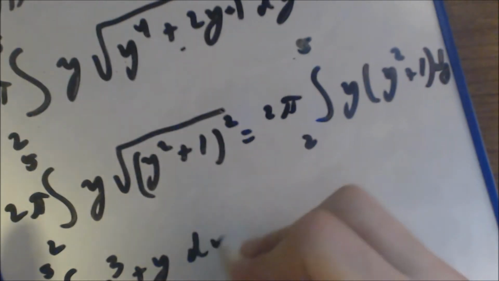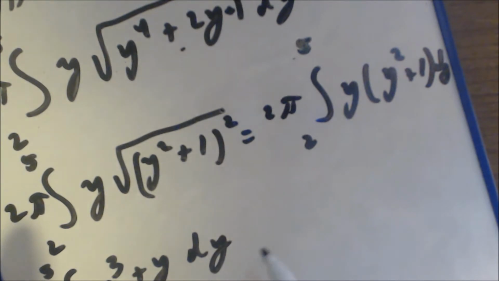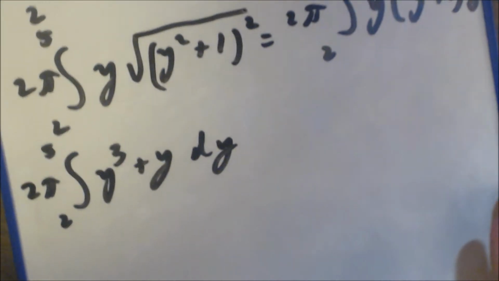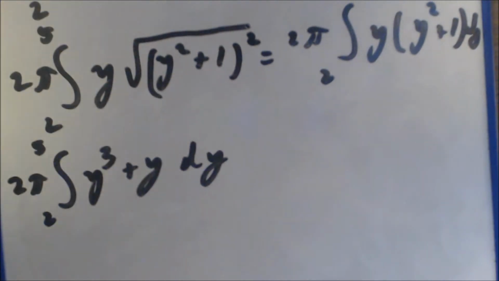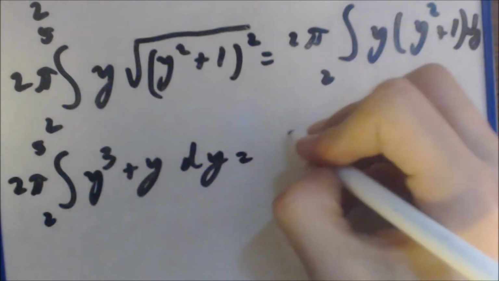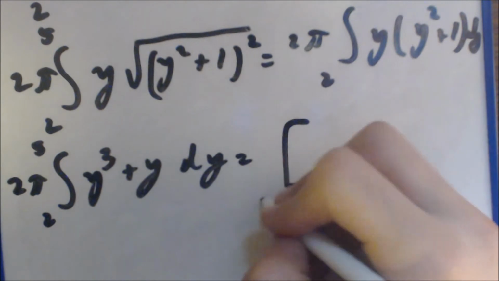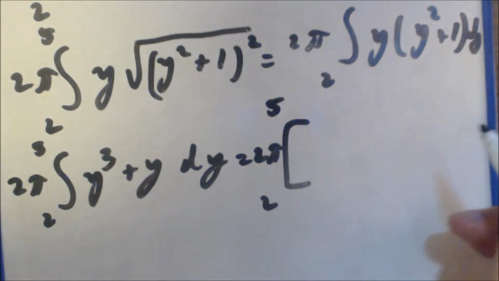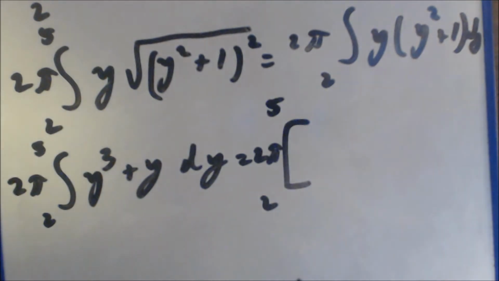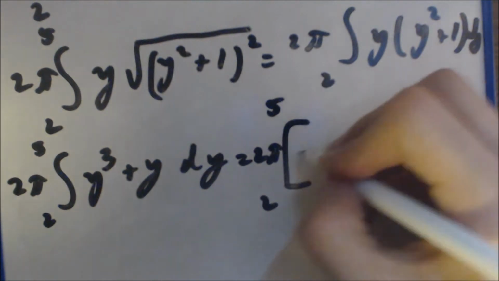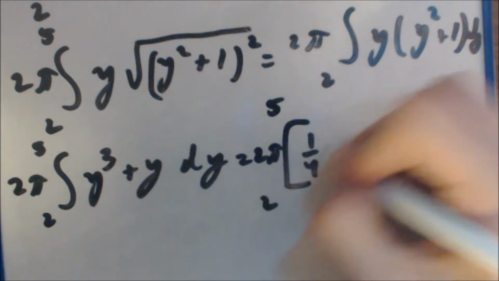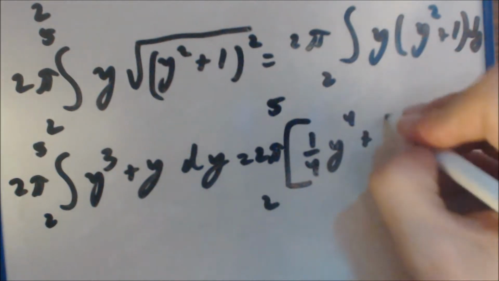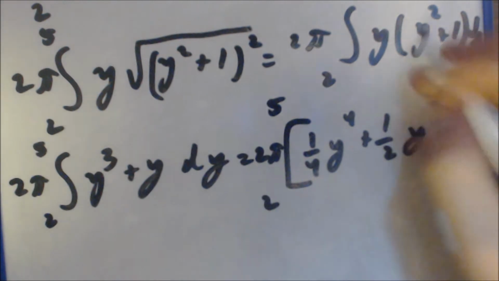And look at that, dy, and it's an extremely easy integral to solve, just using simple antiderivative rules. You don't even have to do a u sub for this one. So from 2 to 5, 2 pi times the antiderivative, which is going to be 1/4 y to the fourth plus 1/2 y squared.